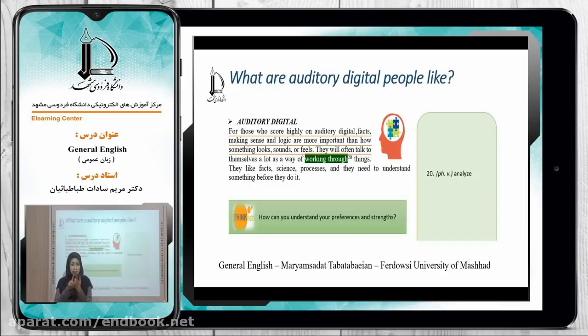They rely on facts, they use facts, and science. These two are important to them. So they analyze things, and it says they like facts, science, processes, and they need to understand something before they do it. If they don't understand it, they cannot do it. So that's how they are.